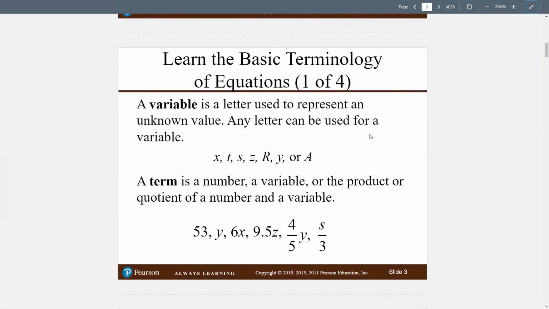So variables, just like in any other class, the variables we're going to be working with mostly, X will be used up until the first exam, just because that exam includes things like solve this equation and they'll use the X variable.